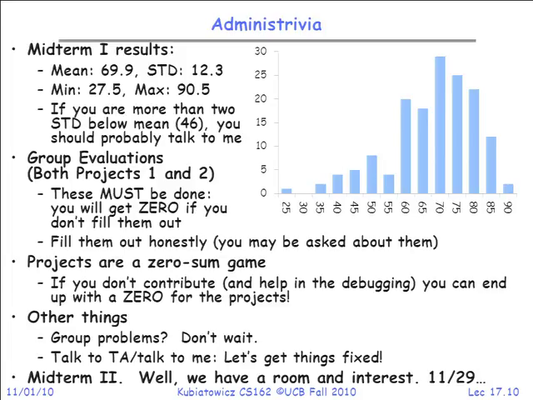So, all right, how many people would like to have another midterm? All right. How many people definitely don't want another midterm? All right. Unfortunately, I think the people who want to have another midterm break the tie. How many people don't care?